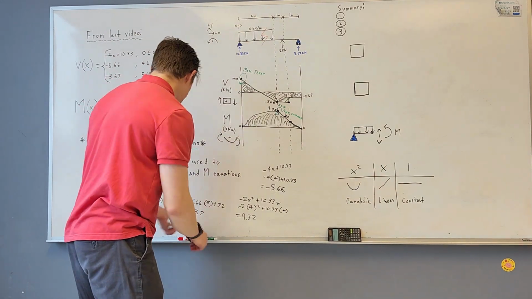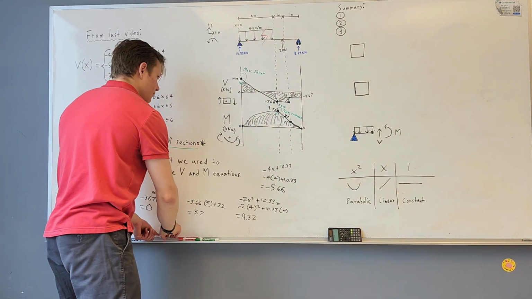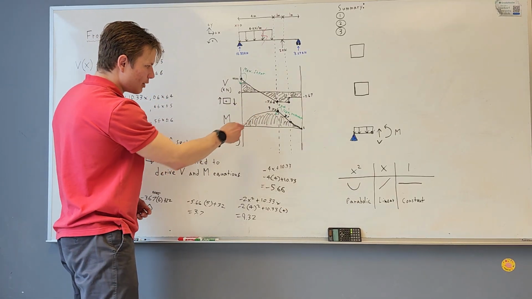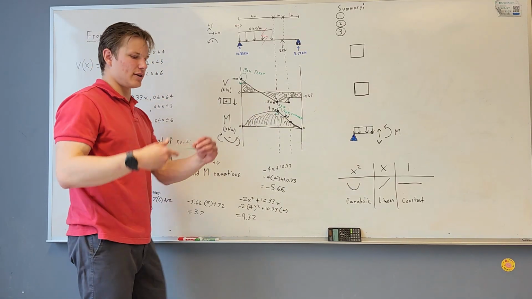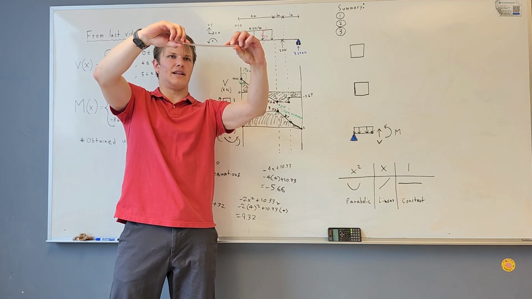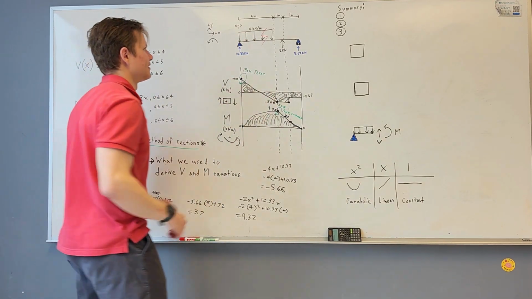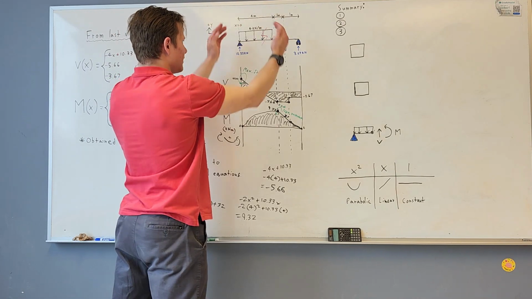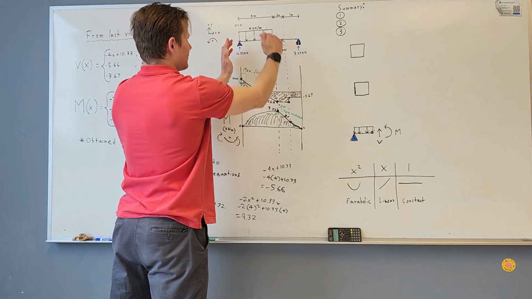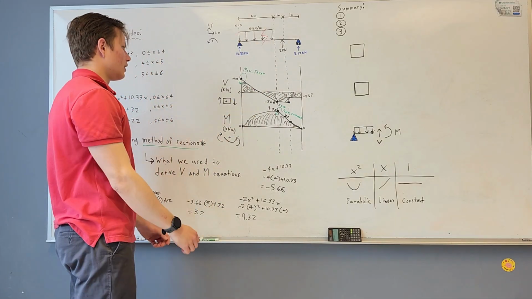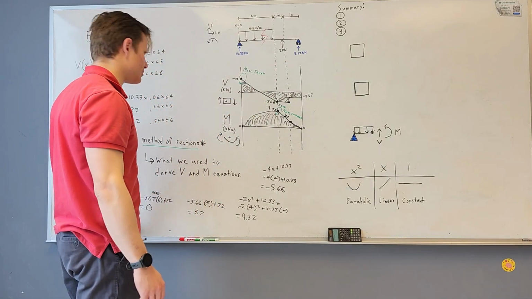Positive moment means smile. It's showing that our beam is bending like this, which makes sense because you push down on here, the beam is going to lower down here and then curve up to the supports. But that's pretty much it.